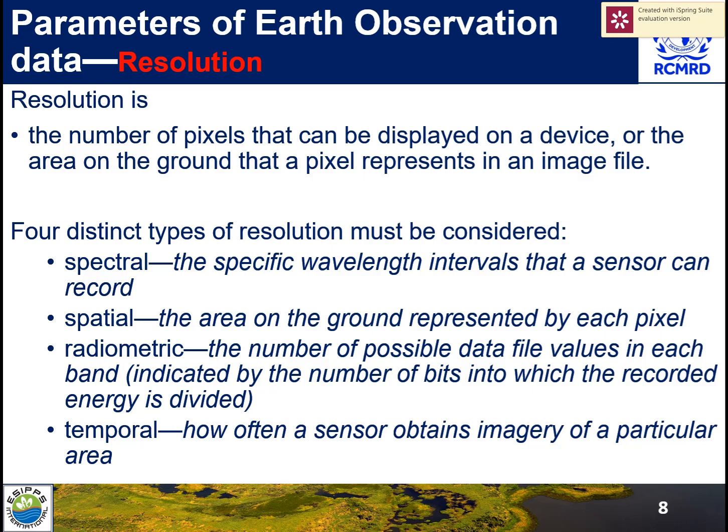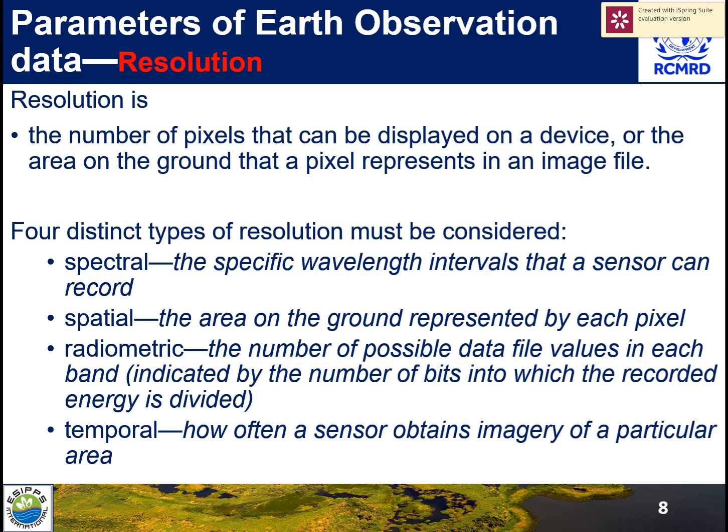There is also the second part, the spatial resolution. The spatial resolution looks at the area on the ground represented by each pixel. Basically it is telling us that when you look at the object on the ground, the size of the pixels being covered within your device for that object is the spatial resolution of that image or sensor.